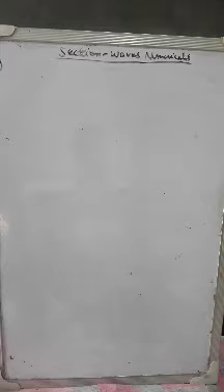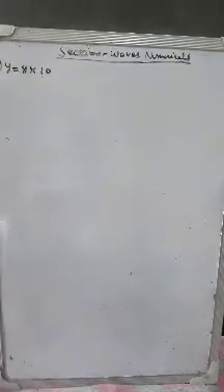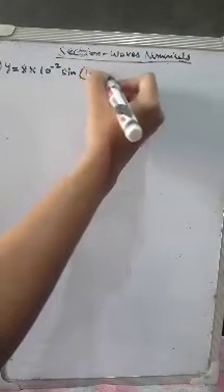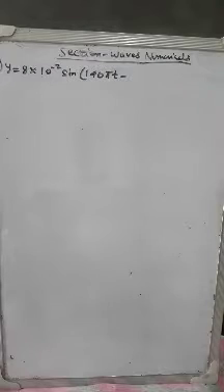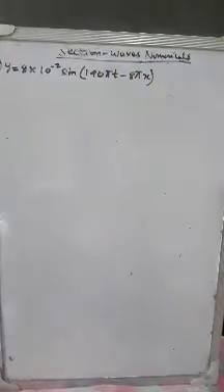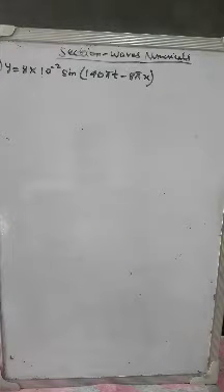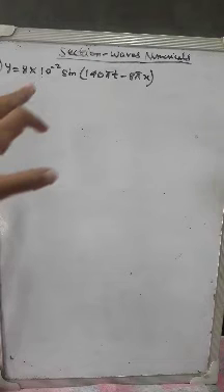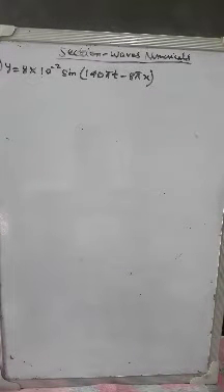Sum number 1. What is the question? The equation of a progressive wave is given by y equals 8 into 10 to the power minus 2 sine within bracket 140 pi t minus 8 pi x, where x and y are in meters and time t is in seconds.